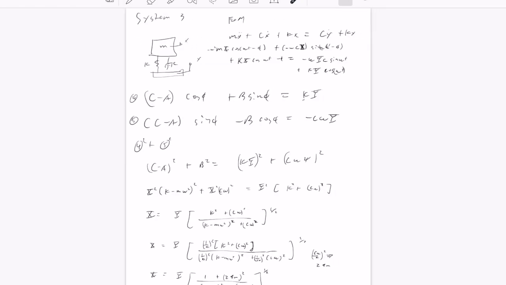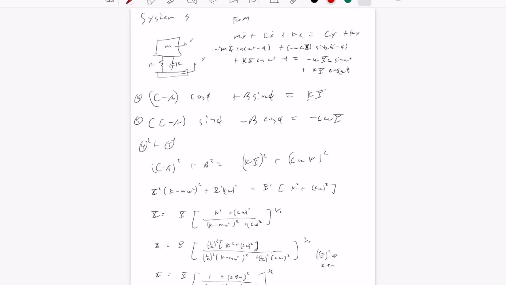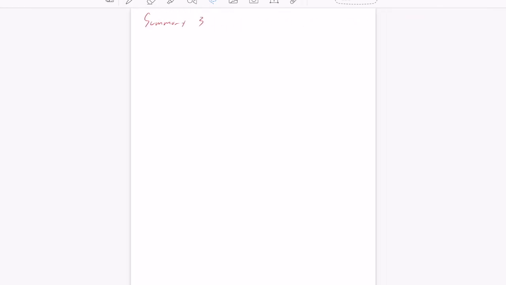Okay, so let's go make a summary sheet for system 3. There's summary 2. Here's system 3. Summary for 3. And let's go. We can pull what we need. Well, I'll just rewrite it real quick. This is the wrong color.